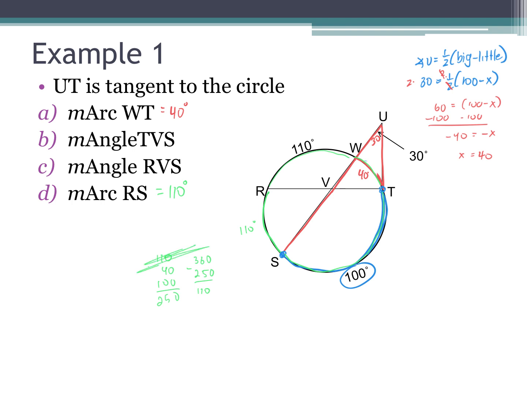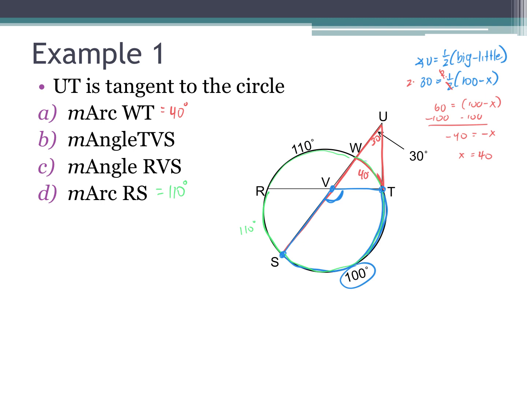So then I notice the next bunch of questions is asking me about angle measures. So let's just pick one to look for, right? We're going to say, okay, what is the measure of angle TVS? Well, that's this angle here. Notice that the vertex of this angle is in the circle, but not in the center.